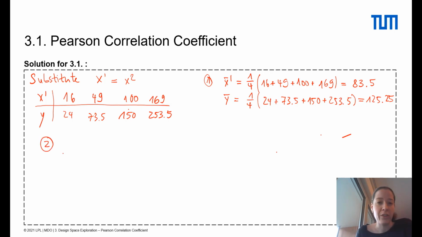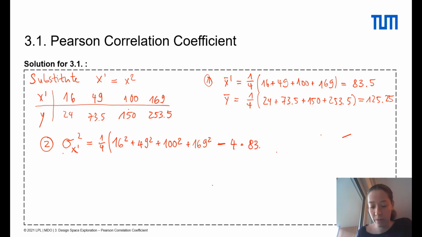Secondly, we compute the variances. So the variance of x prime is 1/4, and then we take the square of the values and build a sum, and then we subtract 4 times the squared mean value, and this is 3,332.5.